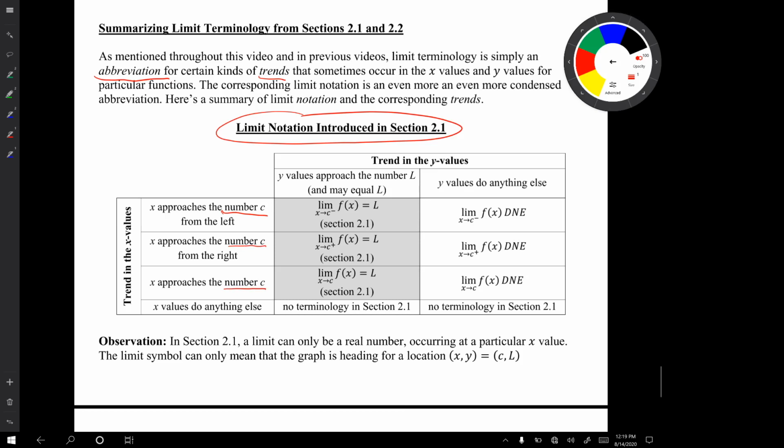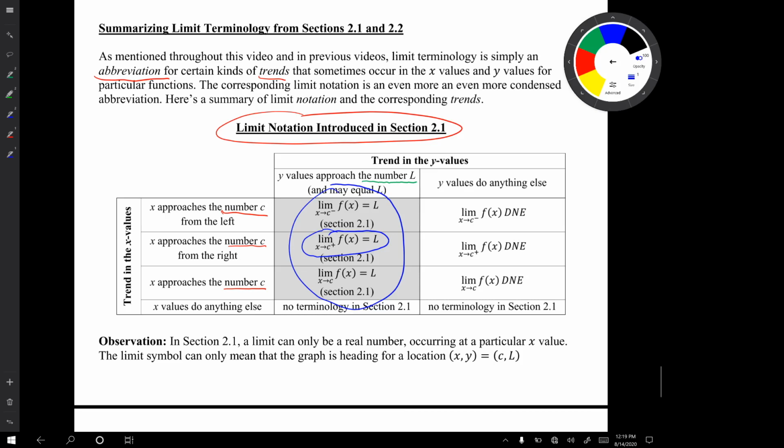And the only kinds of trends that we could observe in the y coordinates were y values approaching some number, L. So in the case that those trends were observed, we had these kinds of symbols that denoted that. For instance, this symbol means that when x is getting closer and closer to c from the right, that's a trend. The y values are getting closer and closer to the number L, that's a trend.